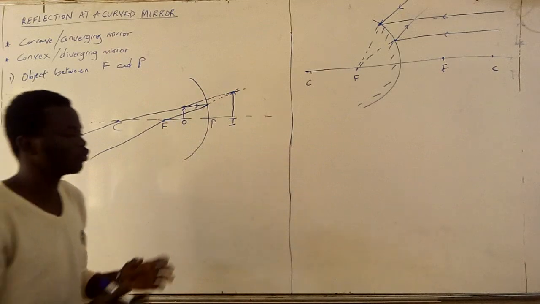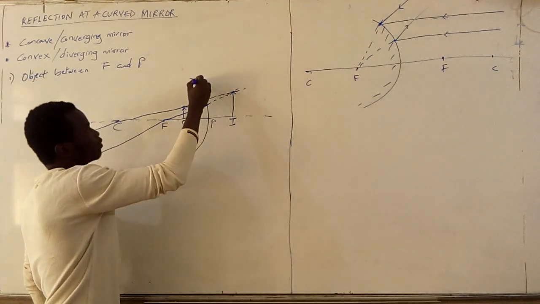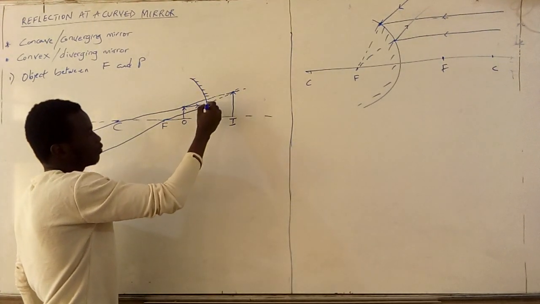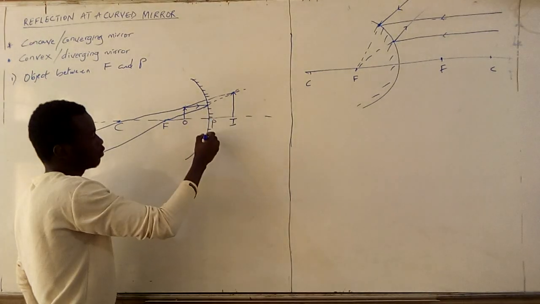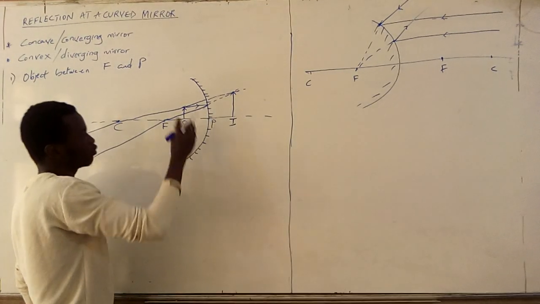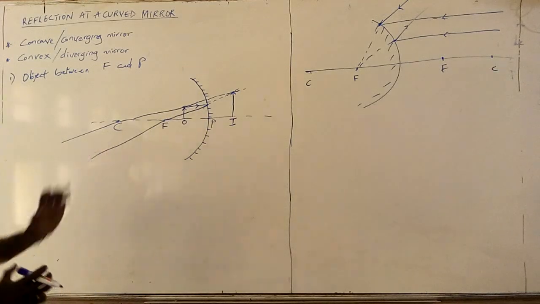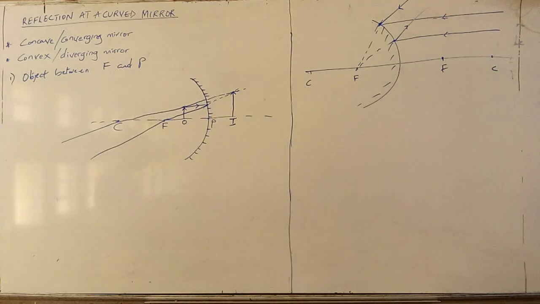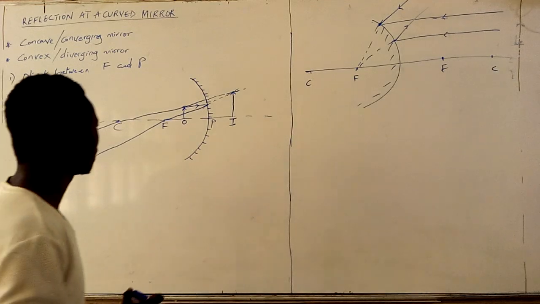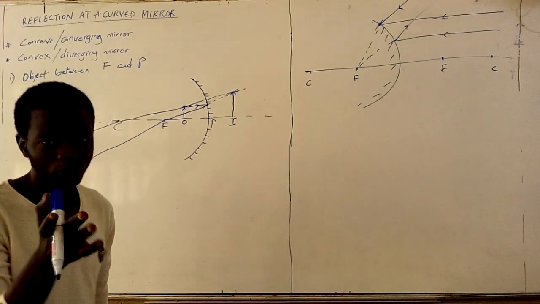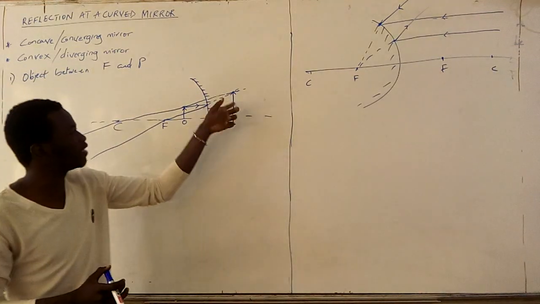So the image is formed this way. Okay, let's indicate this so that I will not be confused. This shows that this is the reflective surface. Now, let's look at the properties of this image that is formed. The first question that will be in your mind is why is the image formed here?